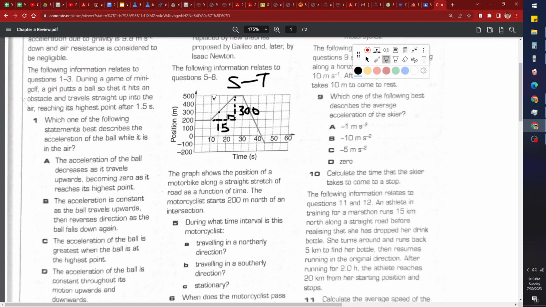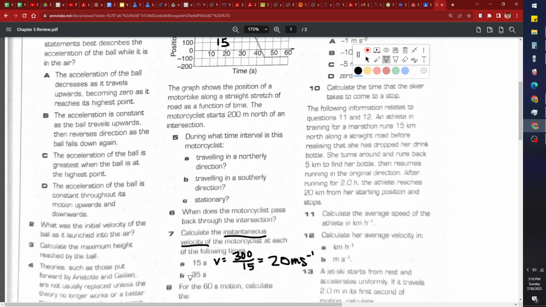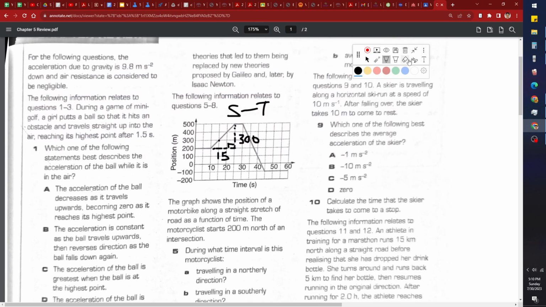Okay. Let's see what's happening here. Part B is very similar. It's at 35 seconds. Oops. Let me just erase this part. 35 seconds is right here, and you can see that it's part of this slope.